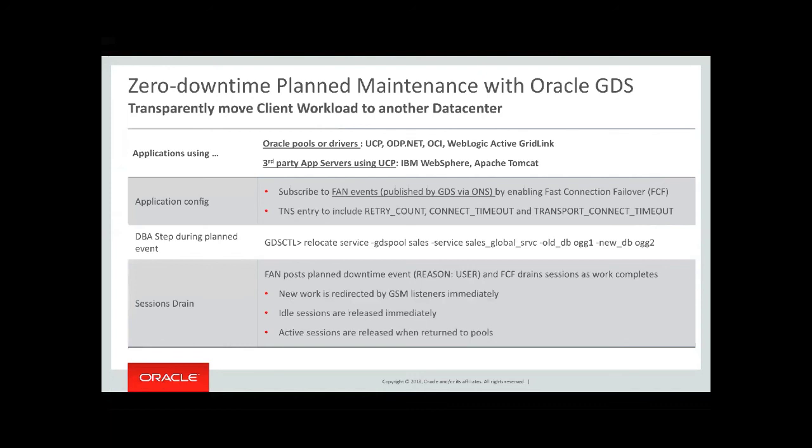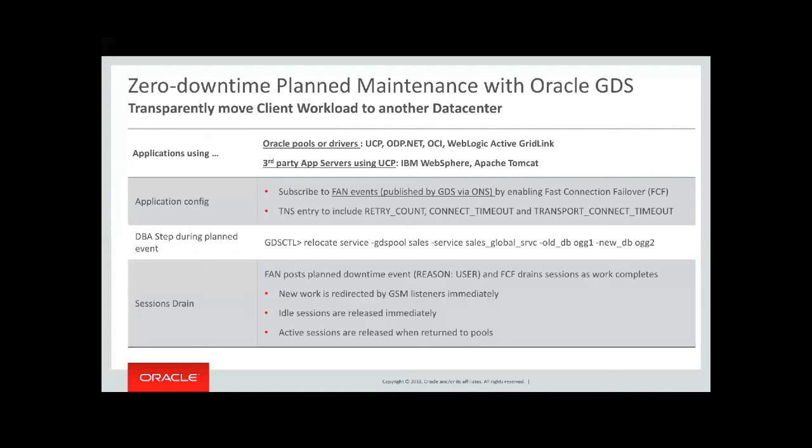And active sessions are released when they finish, when those connections are checked in. That's how you gracefully move your workload from OGG1 to OGG2. And that's an interesting capability. It's not just the service failovers, it's the intelligence that GDS publishes to the connection pools with which you can mitigate your downtime big time from the application perspective.